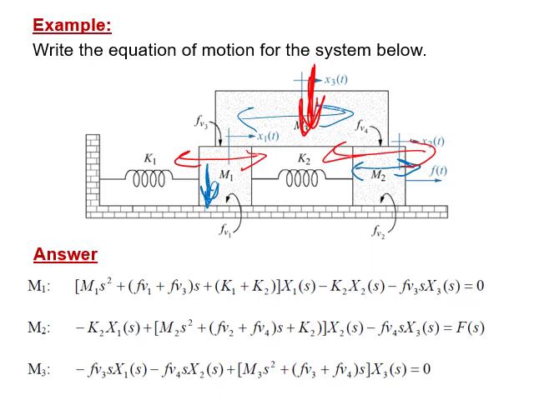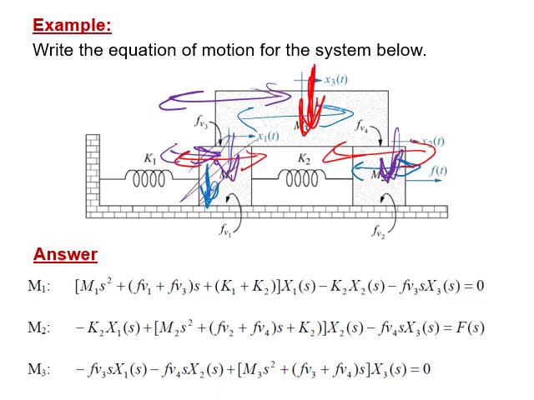Then the same thing, if I hold M2 and try to move M3 and M1, they are going to move. That means there are 3 motions here. There will be, by the end of the day, 3 different displacements. That's why we are going to call the system a 3 degree of freedom system.